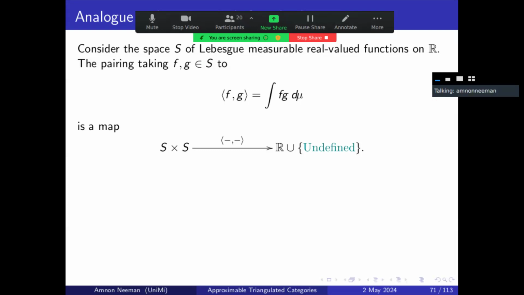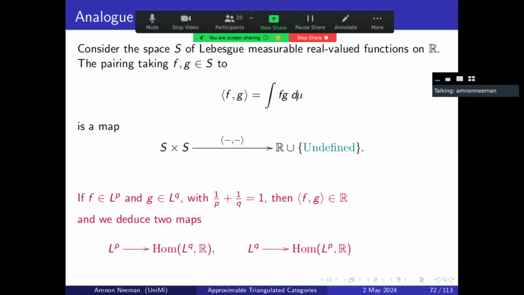Of course, this integral doesn't have to converge. So it's a pairing which takes two functions to either a real number or undefined. So far, it's clear that we are being too general. But as you learned in functional analysis, if you assume that F is in L^p and G is in L^q, with p and q satisfying the usual identity, then the pairing takes F and G to a real number.